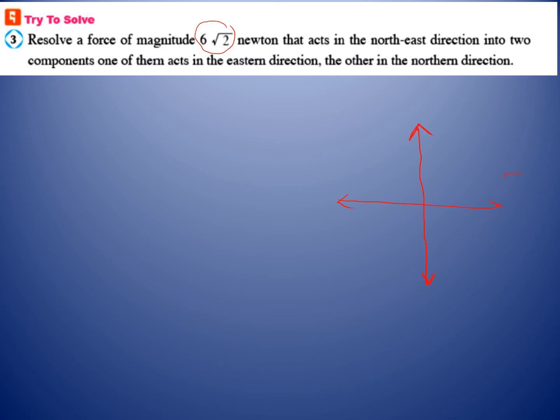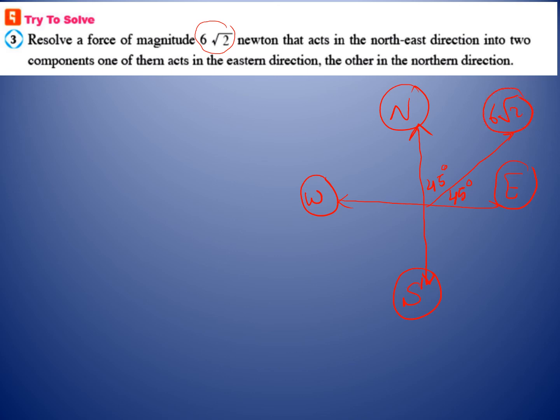Northeast makes an angle of 45 degrees with north and 45 degrees with east. This is the force 6√2.